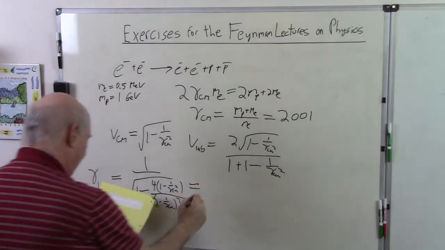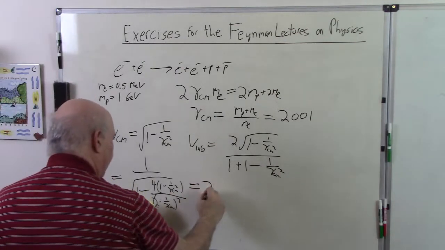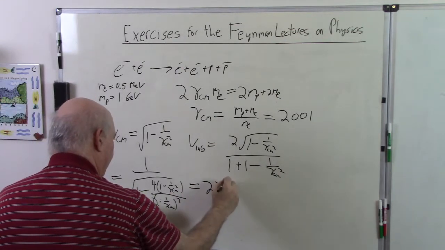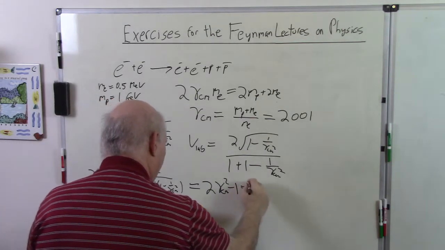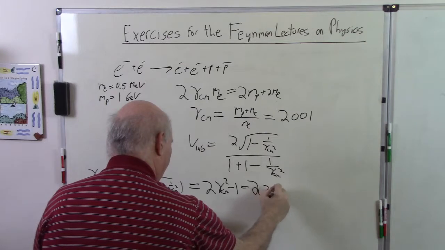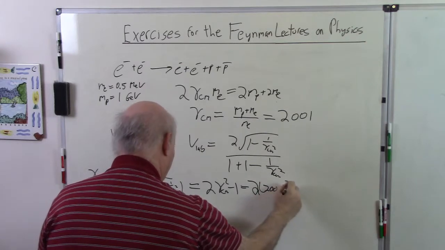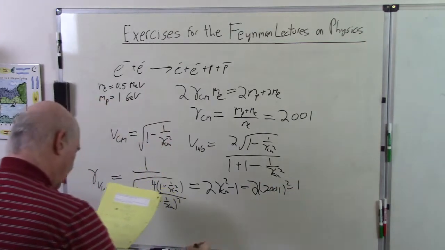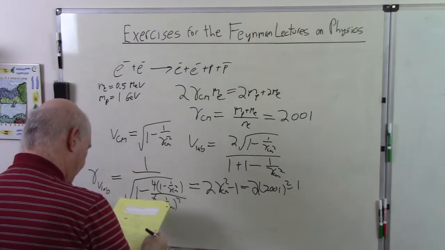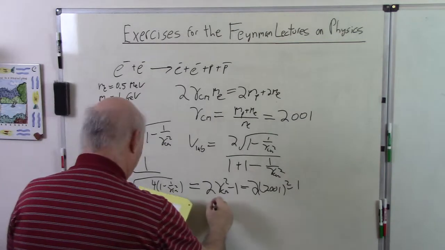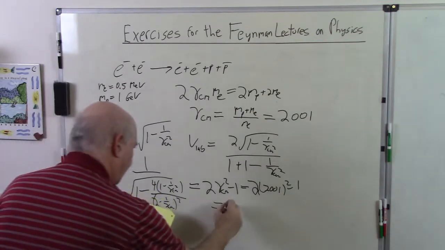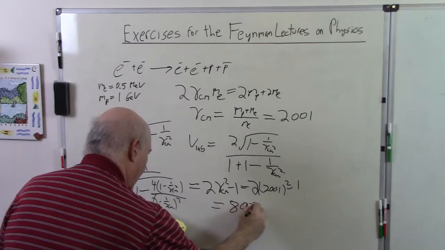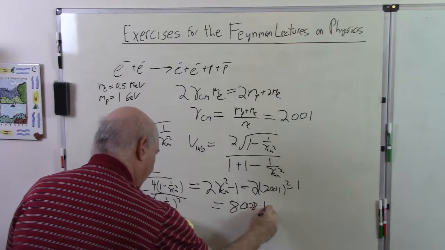And if you work out the algebra, it all simplifies to 2 gamma CM squared minus 1, which is equal to 2 times 2001 squared minus 1. And so this is equal to 8008 times 10 to the 3.